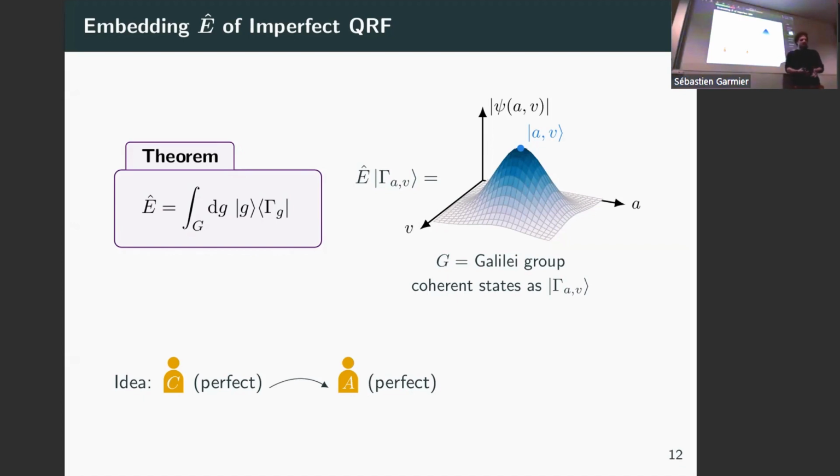And now what do you do? Well, if you're lucky, this state is actually in the image of the embedding, right? And it's already an imperfect state. But we can show that this is quite typically not the case. So you will pretty much always end up with a state that is not a truly imperfect state.